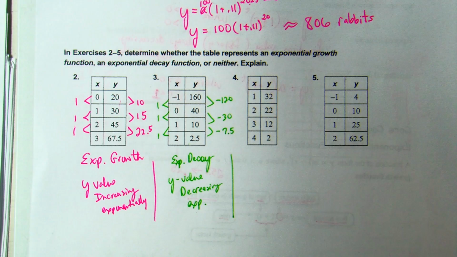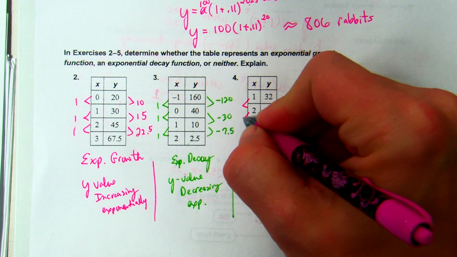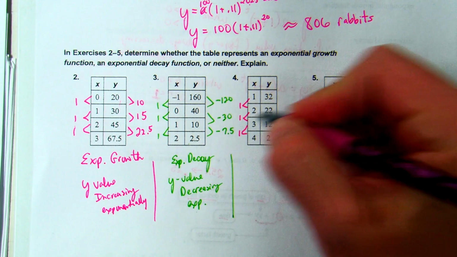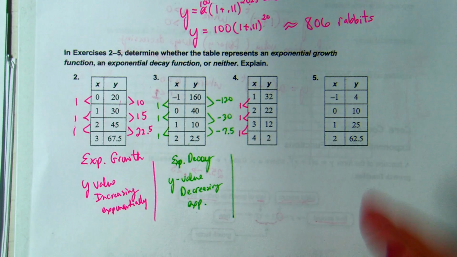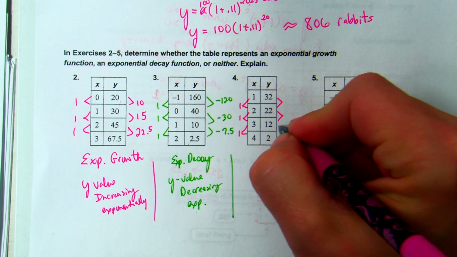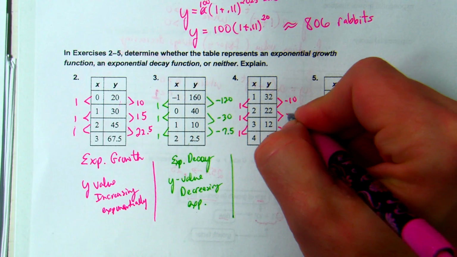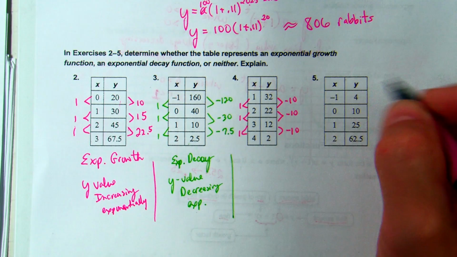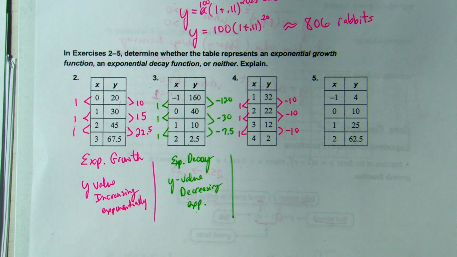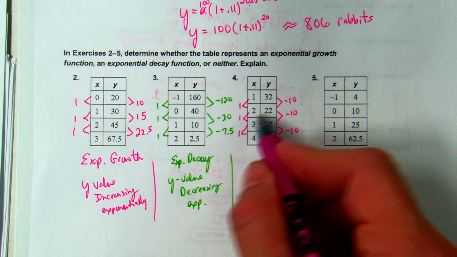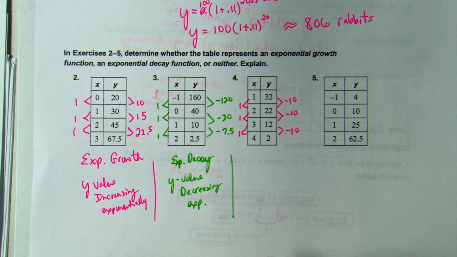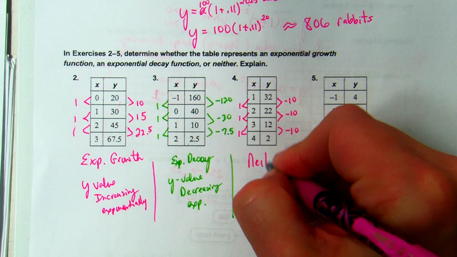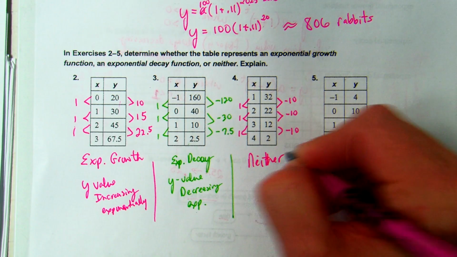All right. Number 4, we have, again, the x value changing by 1. The y value is decreasing by 10 at every change. At every coordinate point they give us, it's changing by 10 every time. Well, this is going to be a neither. And why is that?